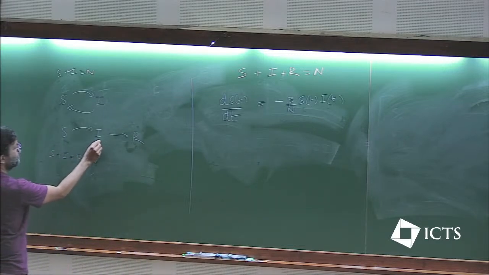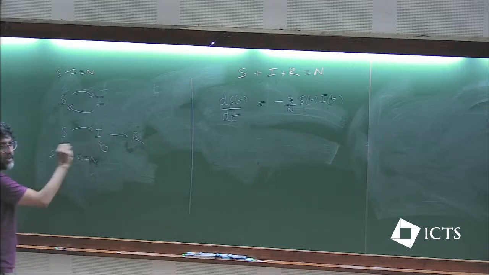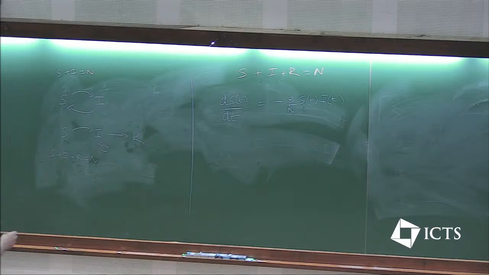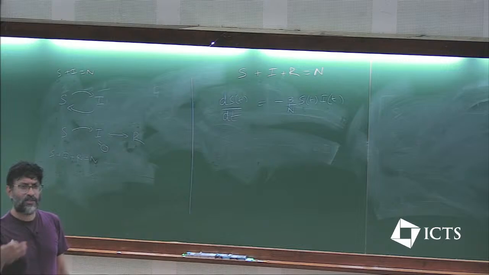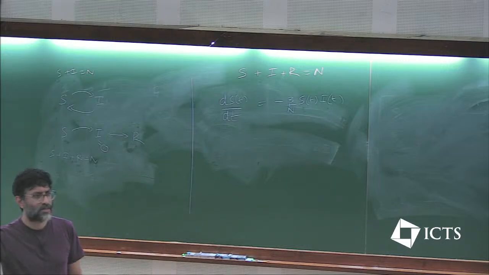So in this case, the final state always has to have I equal to 0. Just logically, you can see that some susceptibles will get infected, but any infection that goes into R just gets absorbed, right? That person is out of the game.